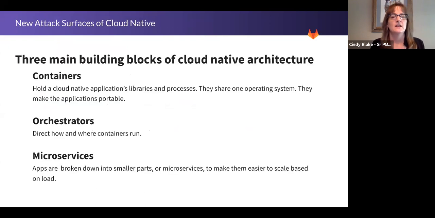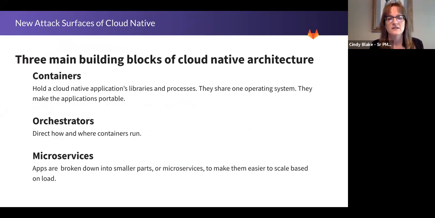And these three main building blocks of cloud native: containers, orchestrators, and microservices, they represent new attack surfaces, and security tools to help protect those attack surfaces are somewhat fledgling. Each one of these, as I mentioned, comes with different levers that you can pull.